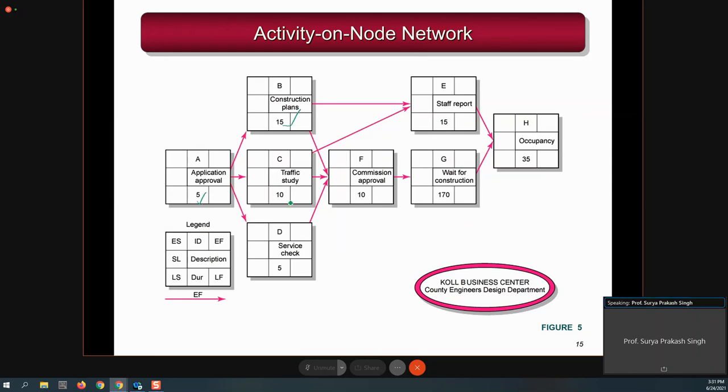I have not done anything extra. And this is my nomenclature, the legend: once you write A, B, C, D, E, F, then you can write the duration and everything else.